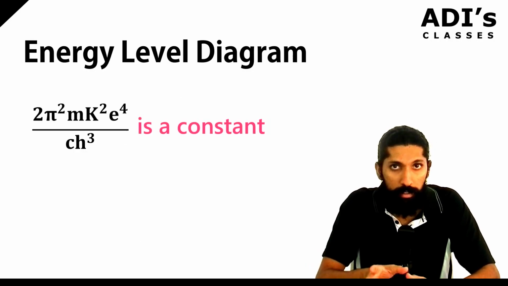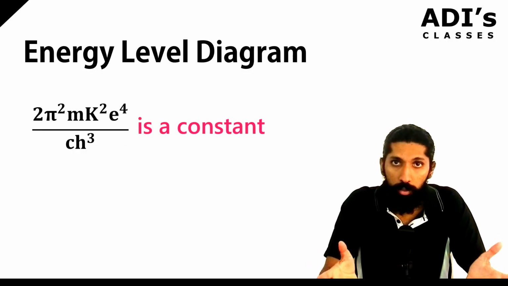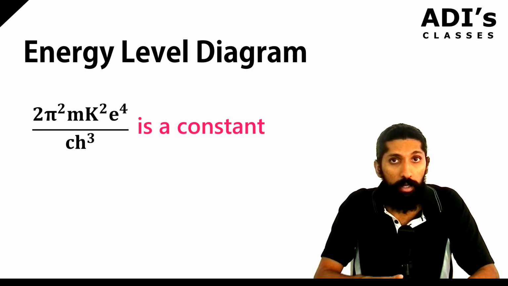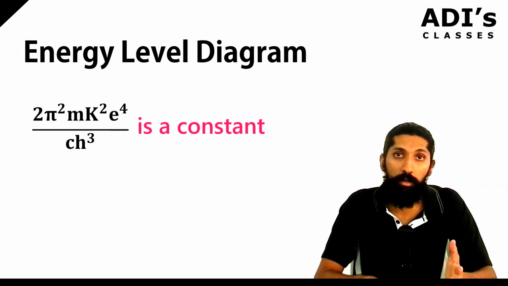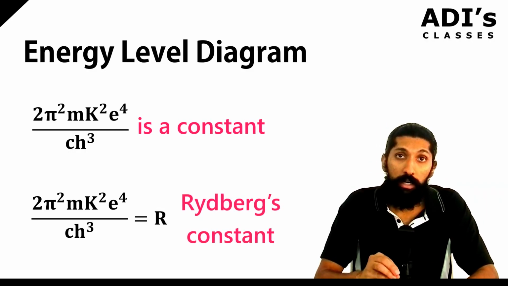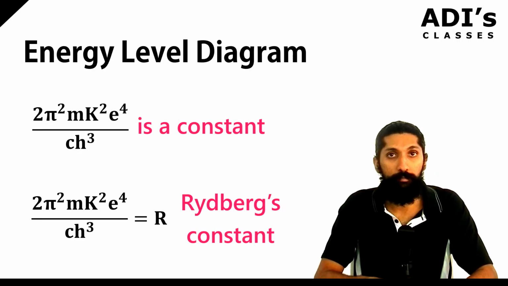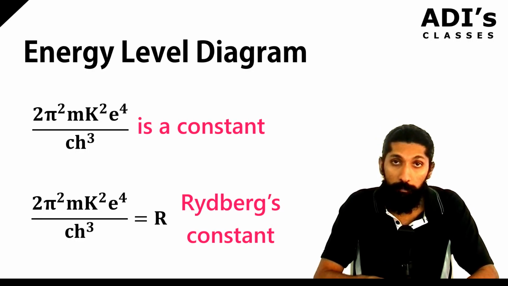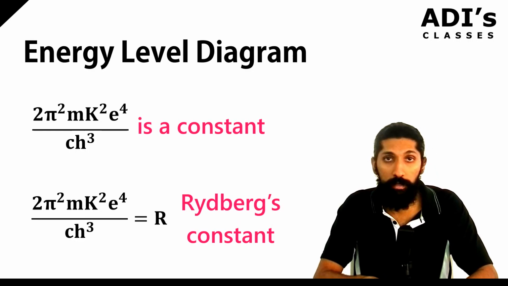Now, 1 by lambda is equal to that. You're seeing that huge value, correct? That huge value is basically a constant, because every value in that expression is a constant. That constant is what we call Rydberg's constant. I'm sure most of you are familiar with Rydberg's constant from last year's chemistry.